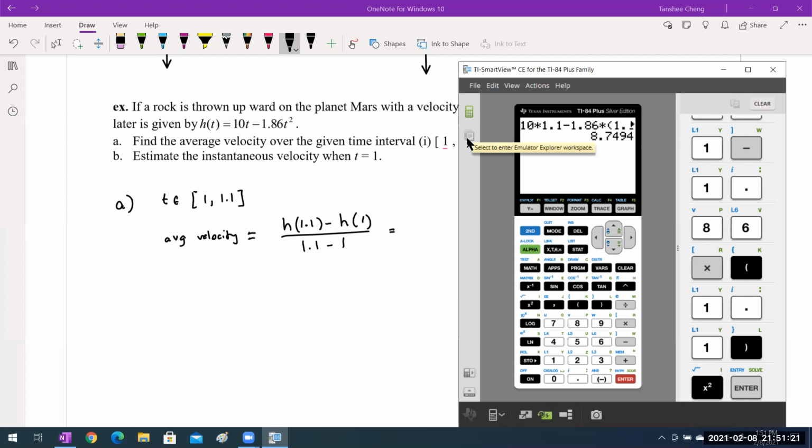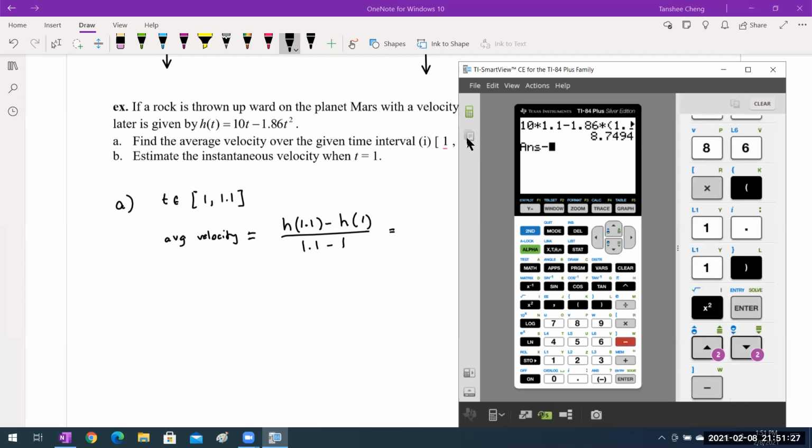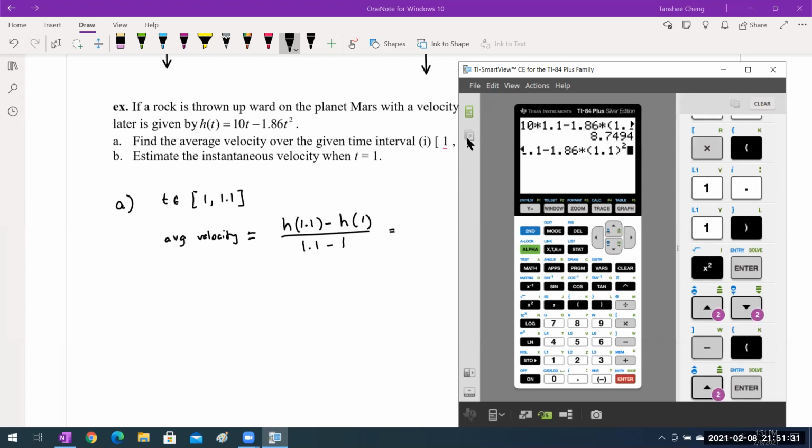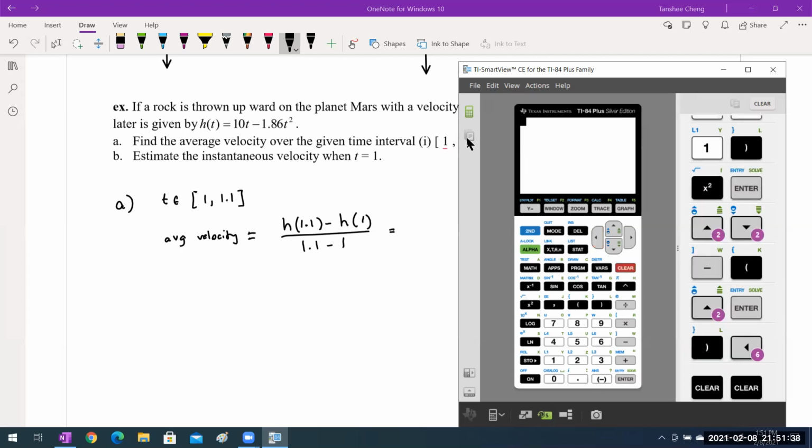So I can basically say this is the way you can do it: minus, open parentheses, copy down the whole thing, close parentheses. If you made a mistake, go back and change it in your calculator. So that's one way to do it.